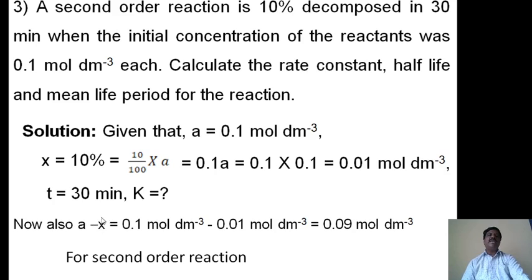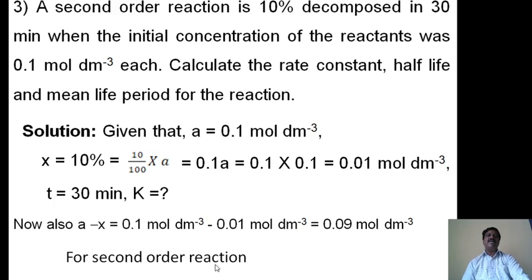Now we can also calculate A minus X, because in this equation we will need A minus X. Therefore A minus X is equal to 0.1 mole per dm cube minus 0.01 mole per dm cube. This is equal to 0.09 mole per dm cube.